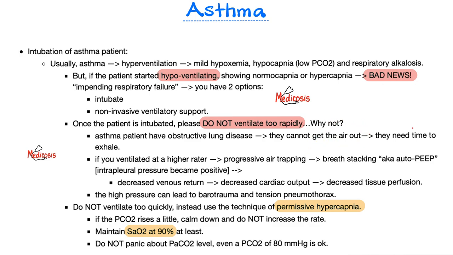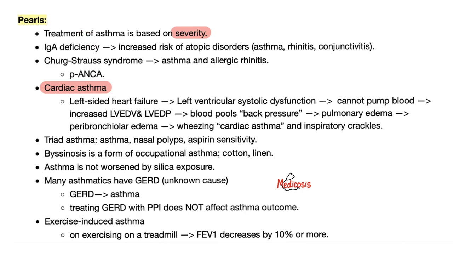Carbon dioxide piles in, I get hypercapnia, and we're back to the same disaster. So do not ventilate your asthma patient too quickly. Allow for a little bit of permissive hypercapnia, and you should aim at an SaO2 or oxygen saturation of 90% or higher. The treatment of asthma is based on the severity of asthma.